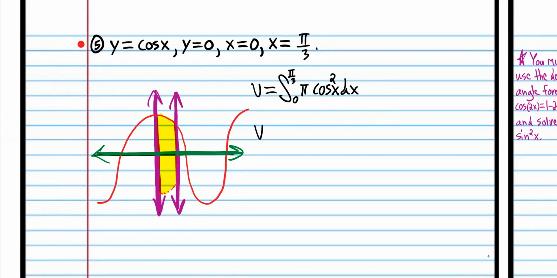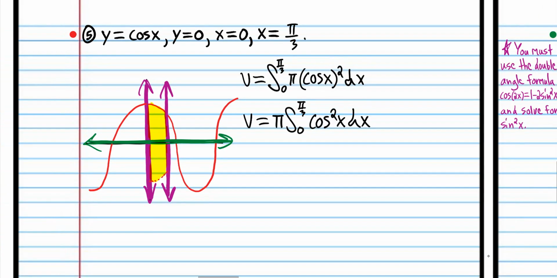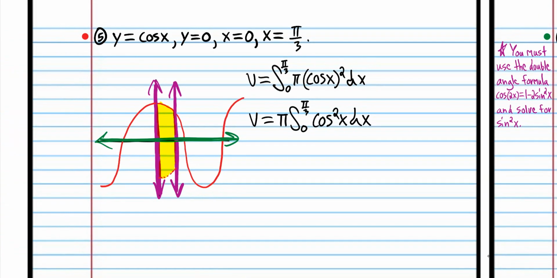So there you go. We're going to take the pi out. And maybe we can change that, just showing that we're raising cosine x to the second power. You don't have to show every step that we're doing here, but remember, this expression is exactly the same as this expression. This expression is just a faster way to write it because we don't have to use parentheses.